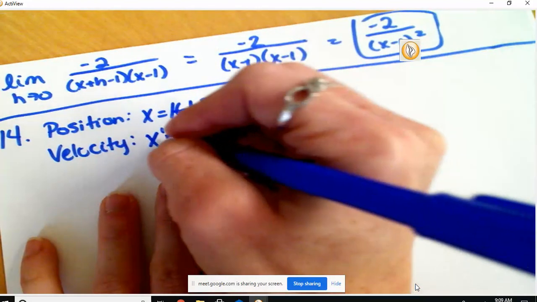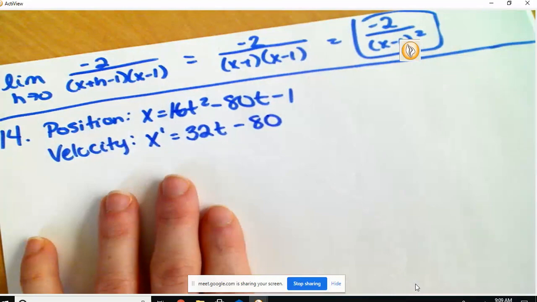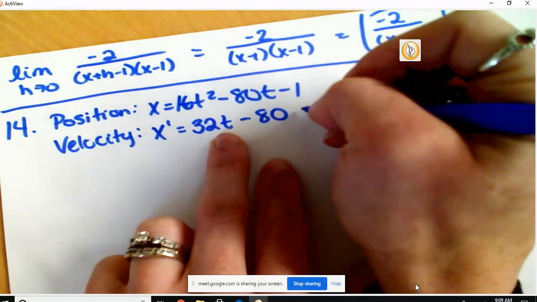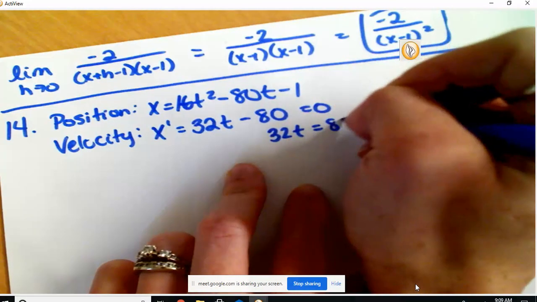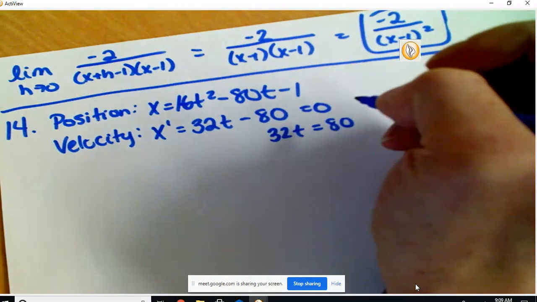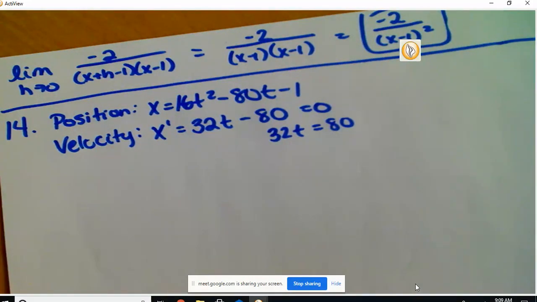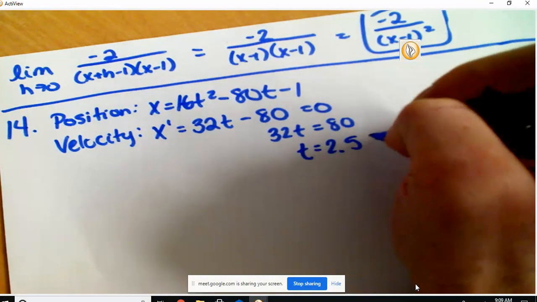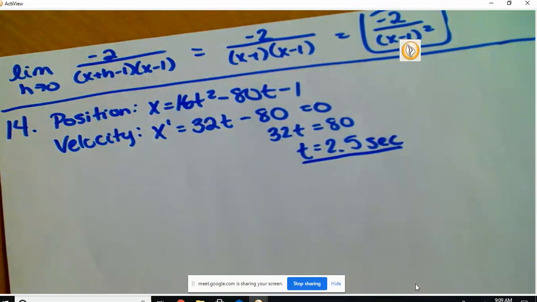Acceleration. Good. So that would give me a 32t minus 80. And I want the position when the velocity is 0. So if you set that equal to 0, divide by 32, and you get 2.5, or 5 over 2. So basically, this tells me after 2.5 seconds my velocity is 0.